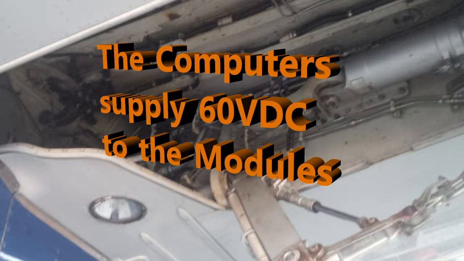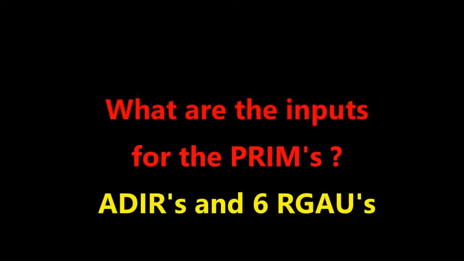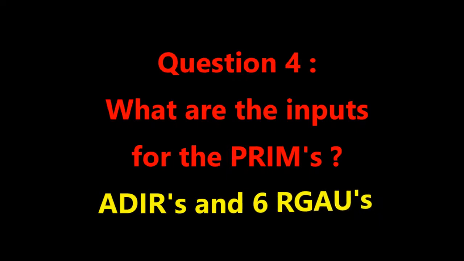If the primary computers are not operating correctly, then the secondary computers take over, because there are 3 of each: primary computers 1, 2, 3, and secondary computers 1, 2, 3. So if you have a failure of a primary computer, let's say PRIM 1, then SEC 1 is going to take over and send that 60 volt DC to those flight control remote modules. So that's what was happening there.